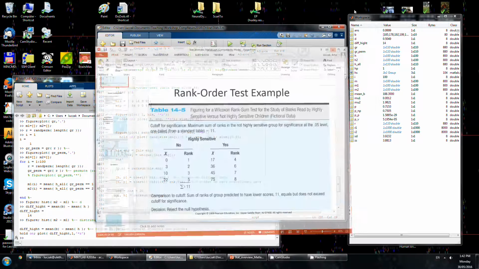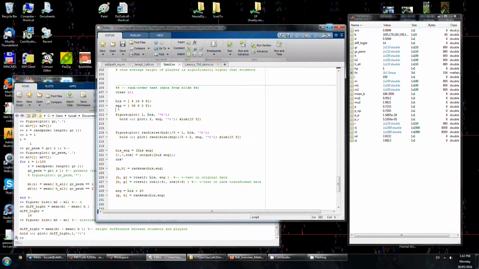I think I mislabeled this by history and English. I thought this was the example about the number of classical CDs listened to by history and English majors.